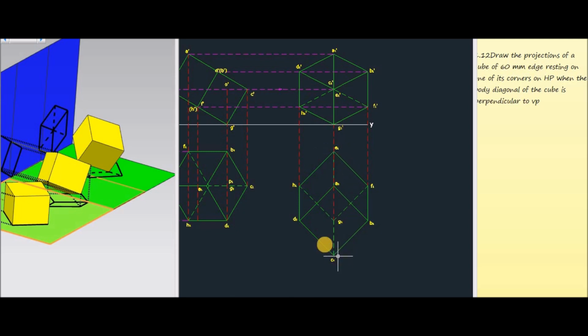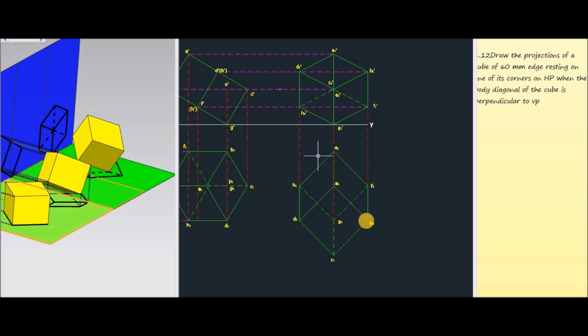Then mark all these corners and join them. Now the dotted lines represent the edges which are not visible when we are observing the cube from the top side, and the thick lines represent the outer edges of the cube, which are visible from the top side.